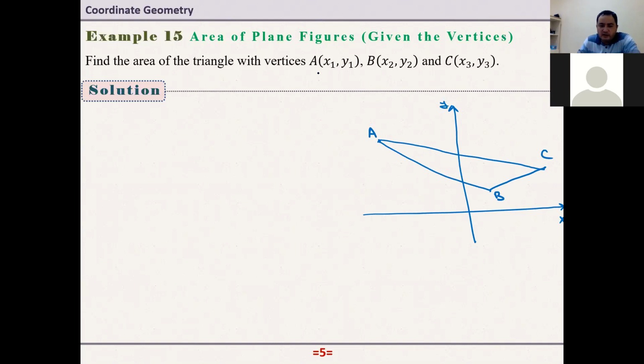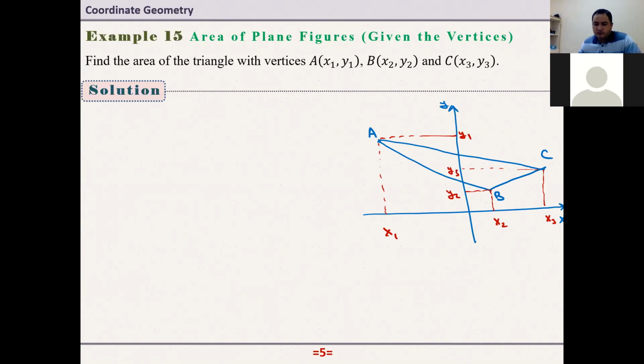So the coordinates of A are x sub 1, y sub 1. Let me just use red here for that. So this is x sub 1, and this one is y sub 1. The coordinates of B are x sub 2 and y sub 2. And how about C? That is x sub 3, and its y coordinate is y sub 3.